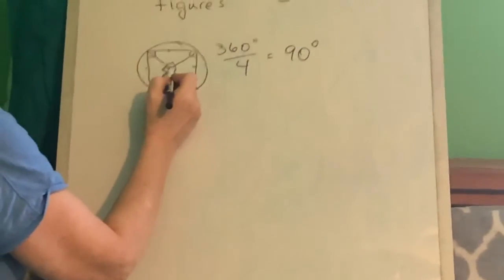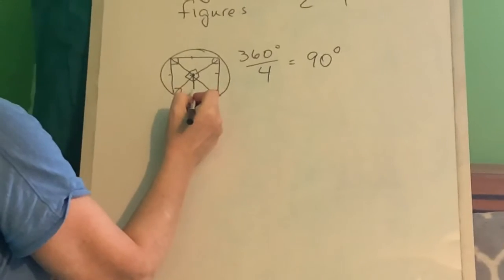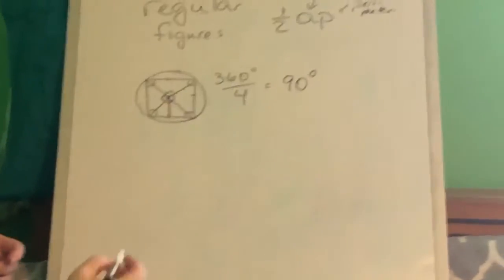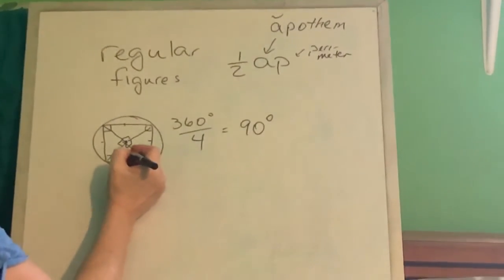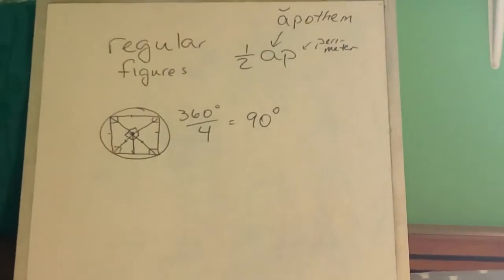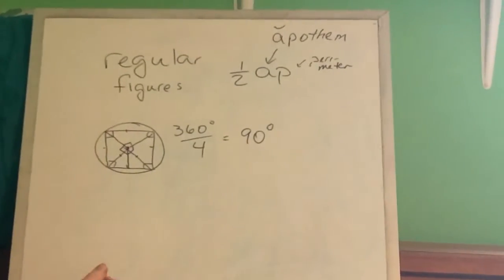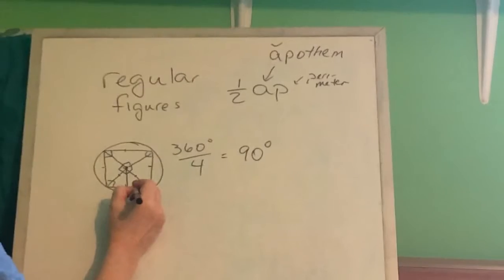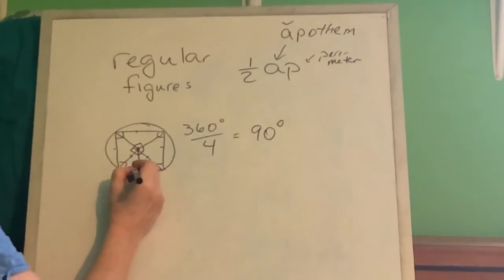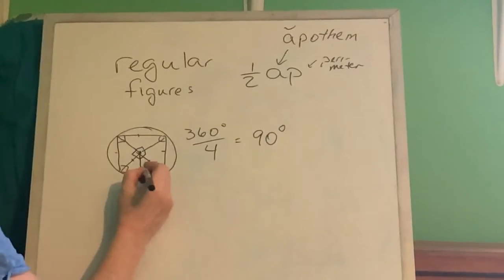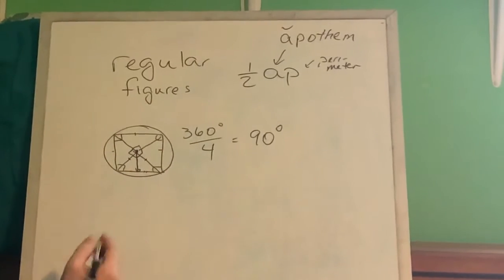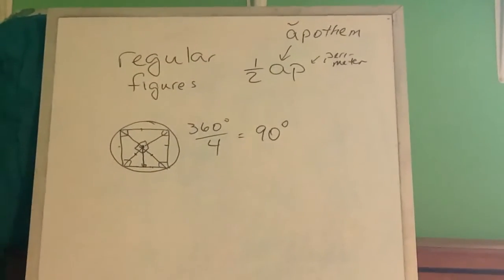So it's not going to be a radius, it's going to be the line that I draw right here. Now, because these were radii, these are isosceles triangles, and anytime we divide an isosceles triangle, it splits the base in half, it splits the angle in half, and it's perpendicular to the base.